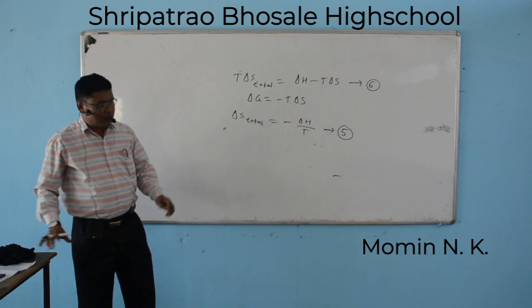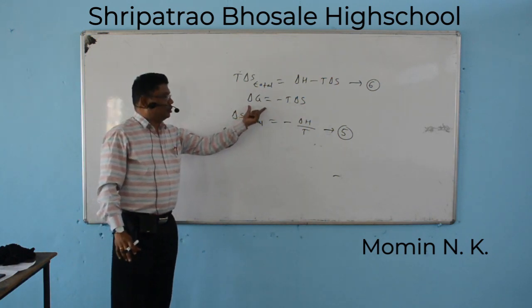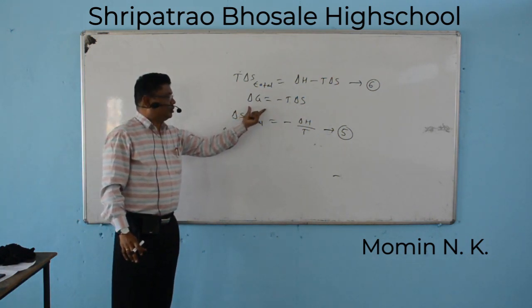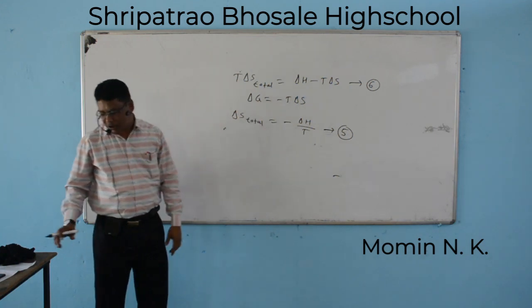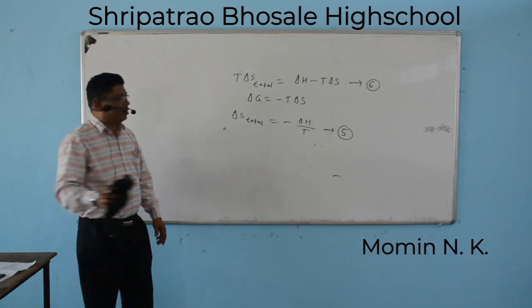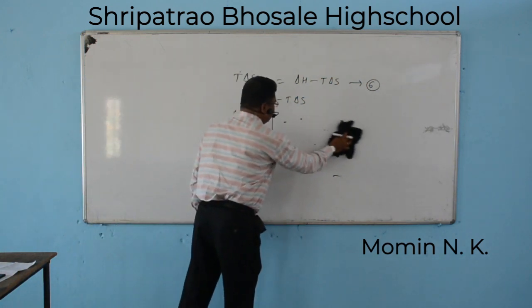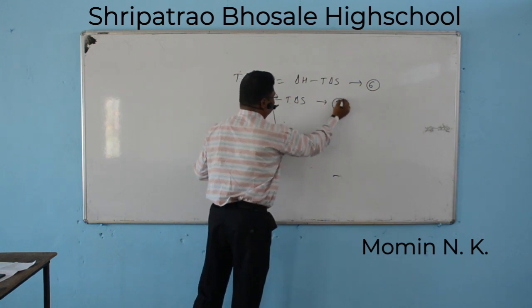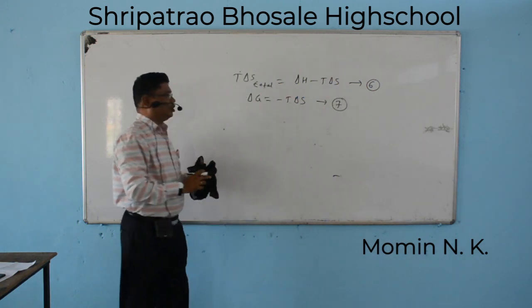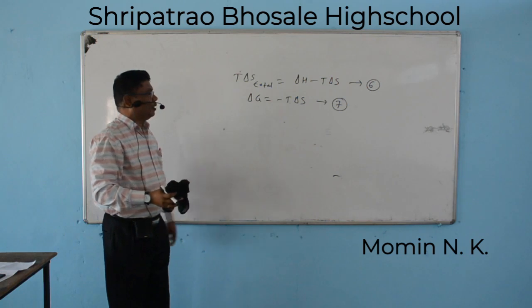From this equation it indicates that the Gibbs energy change decreases in a spontaneous process. That is why we can say that equation number 7 indicates that Gibbs energy change decreases in a spontaneous process.